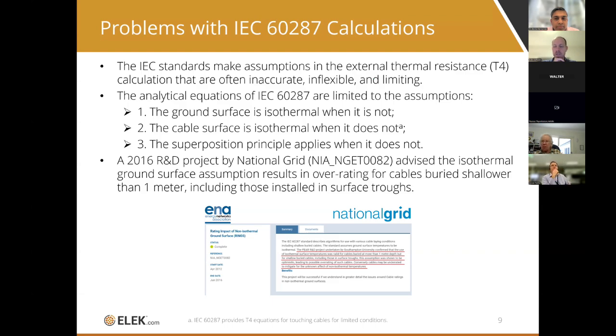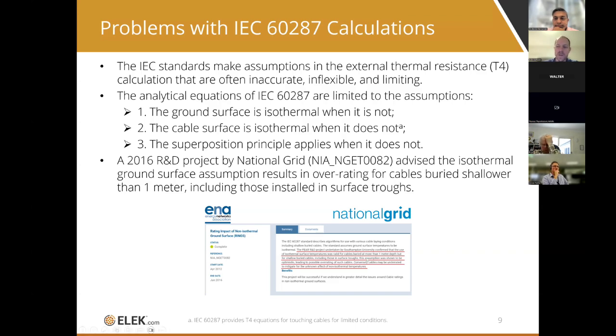And the IEC calculations also use the superposition theorem for mutual heating, which is very simplistic. If you recall back to your studies, the superposition is a simple way of adding up, in this case, heat sources, which is okay for cables that are separated widely, but when they're in close proximity, the superposition theorem is very inaccurate.